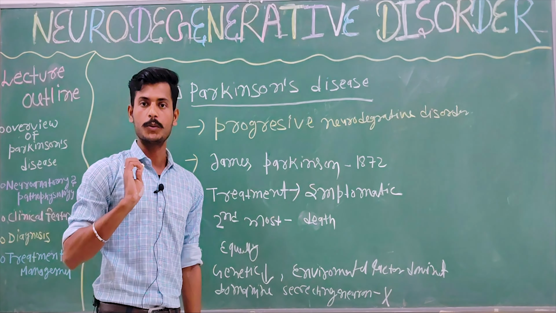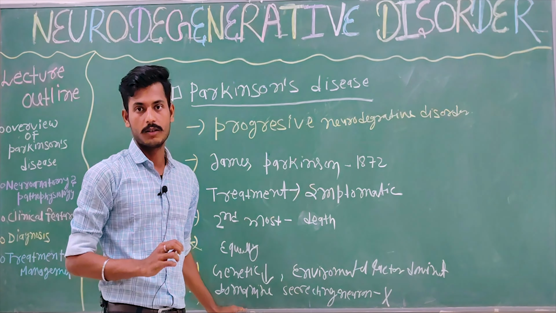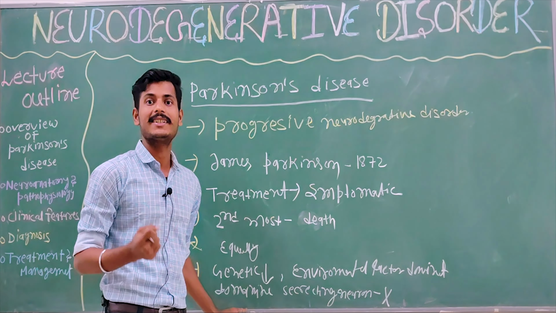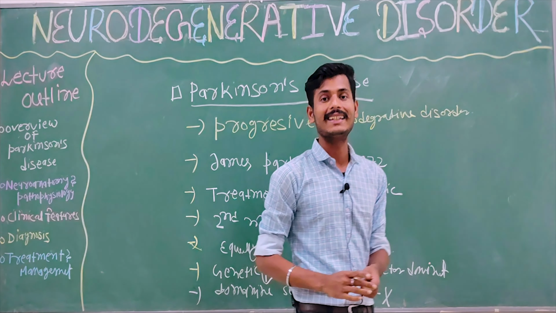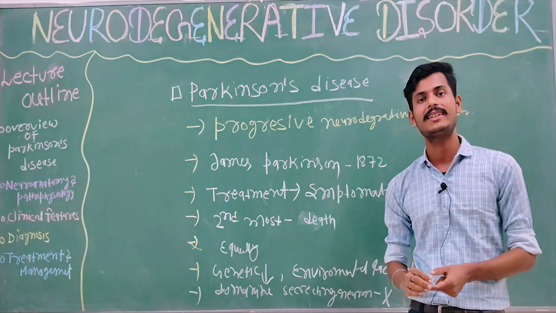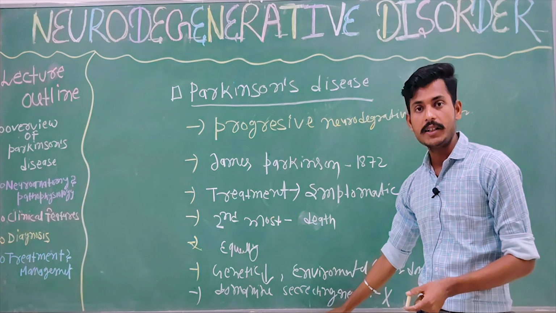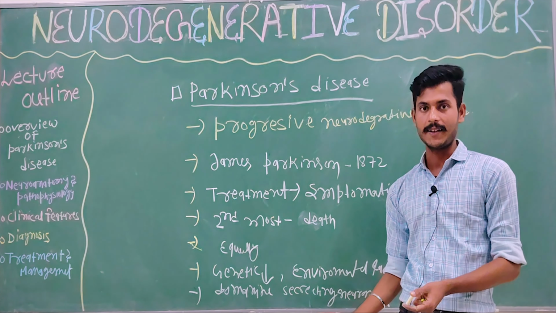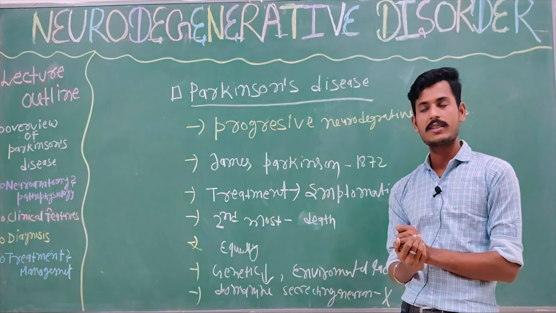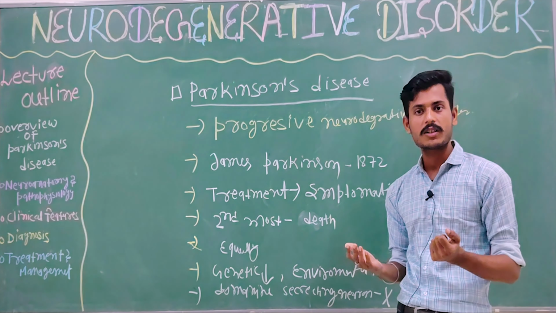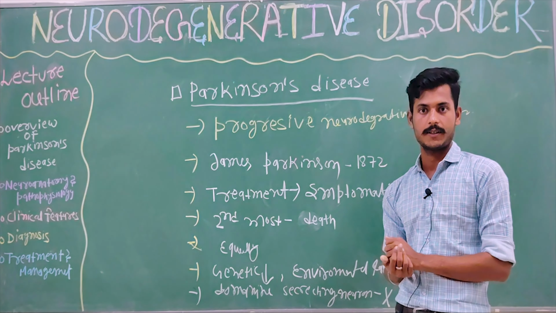You know that dopamine is a reward hormone. First of all, one thing about dopamine is that it is a reward hormone. Another thing is that dopamine is an inhibitory hormone, meaning it inhibits other neurons. Fine. Now, we discussed many things about Parkinson's disease, but we do not yet understand what actually happens in the Parkinson patient.